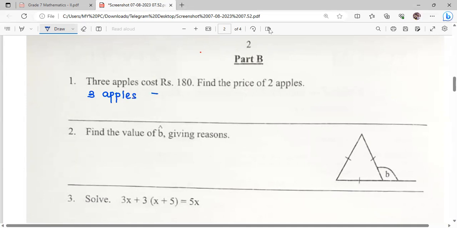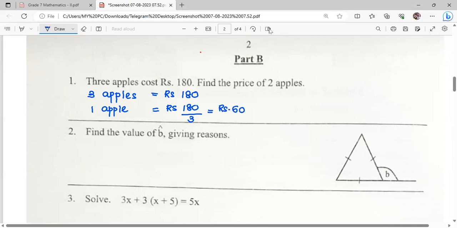So then the price of that is rupees 180. So then 1 apple should be rupees 180. You divide by 3. So then the price is rupees 60.